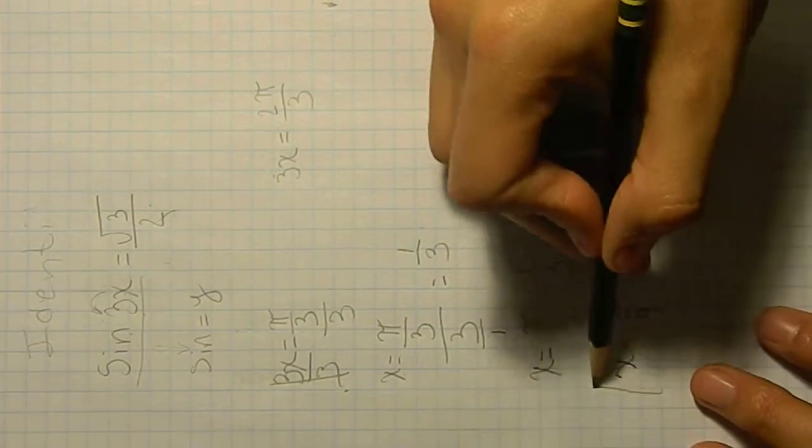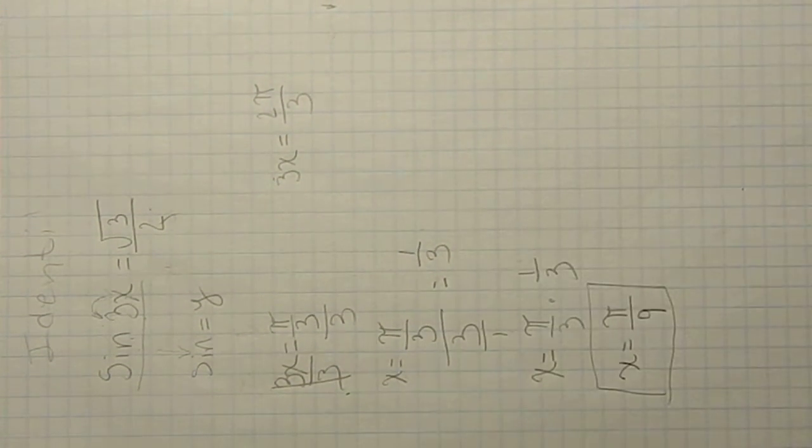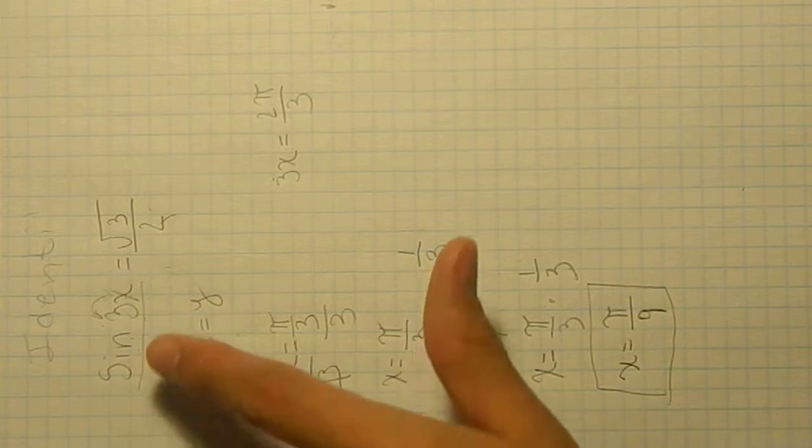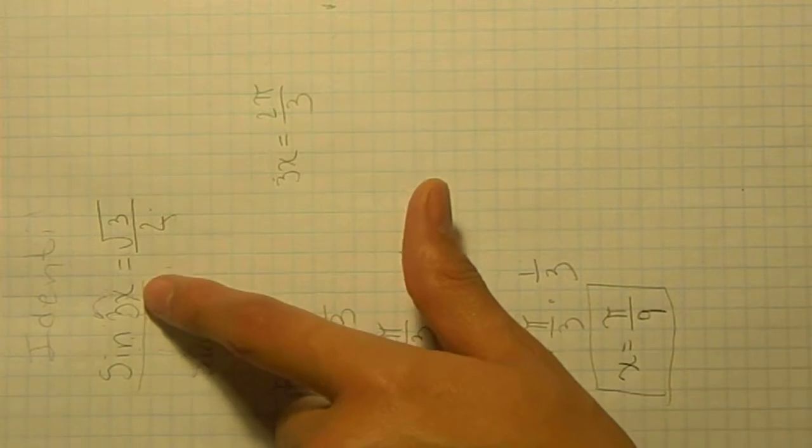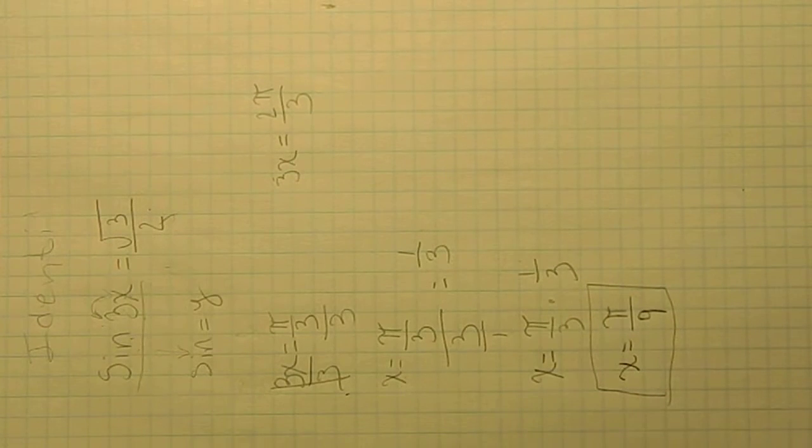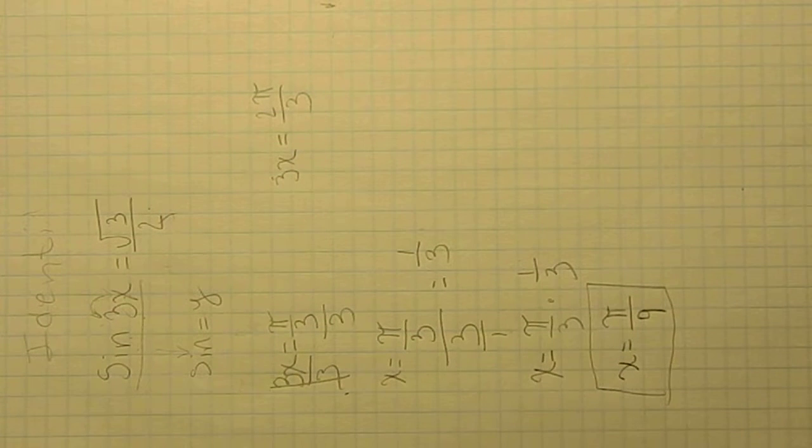So this is the value for x that makes sine 3x equal to square root of 3 over 2. We're gonna check those values later. We're gonna solve now for the second value, because we have a whole circle.